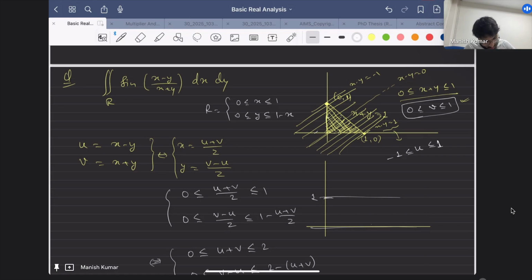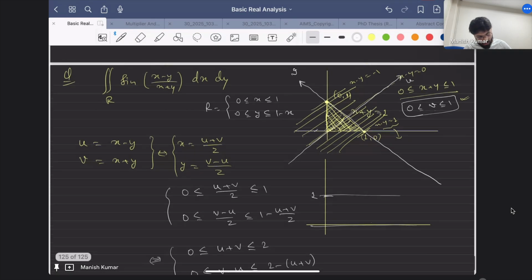When I'm saying this v is varying from 0 to 1, I'm saying this is my v coordinate, correct? When I'm going to look for the u coordinate, it should be like this. Yes, this could be a better explanation. So now you can clearly see how this will look in this uv plane.